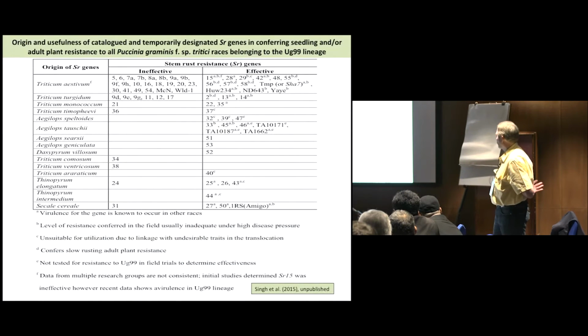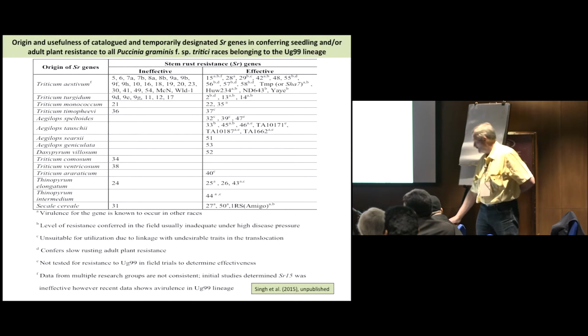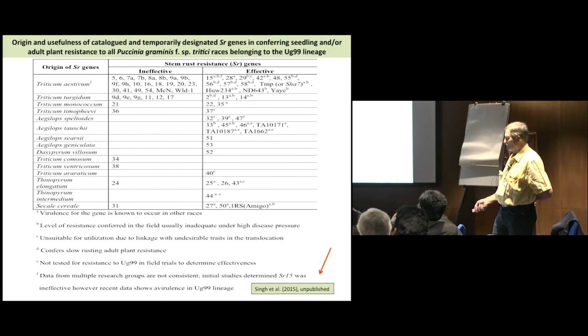This is a little more recent presentation of the origin and usefulness of cataloged and temporarily designated SR genes in conferring seedling and/or adult plant resistance to all PGT races belonging to the UG99 lineage. What you can't see here is a reference to a publication that Ravi Singh has authored.